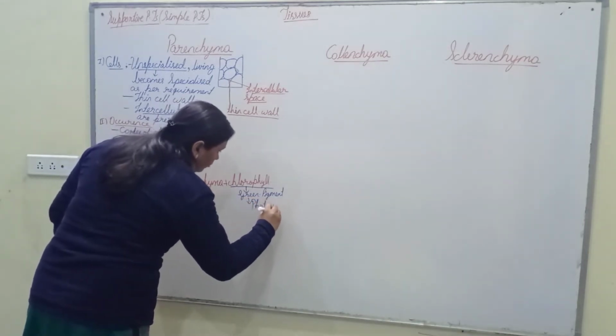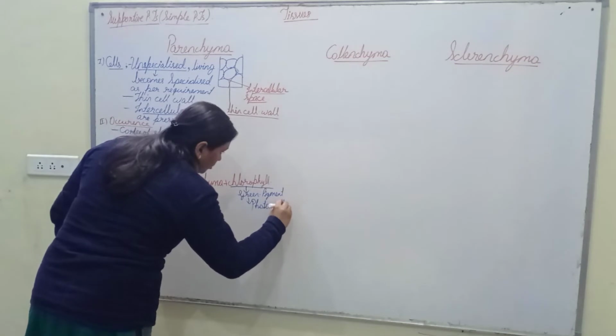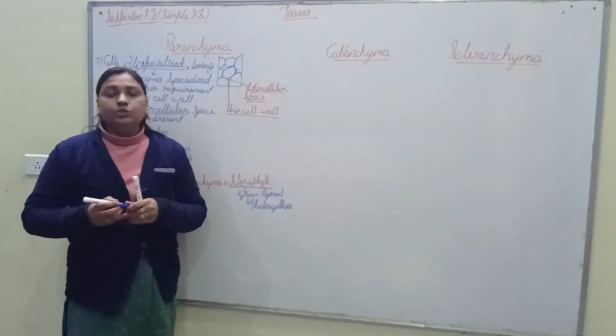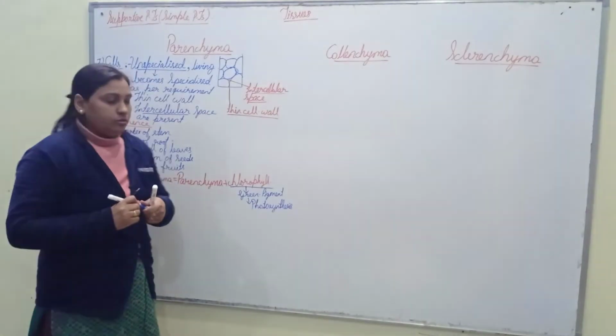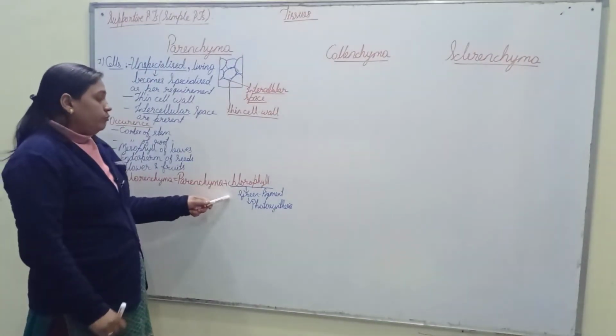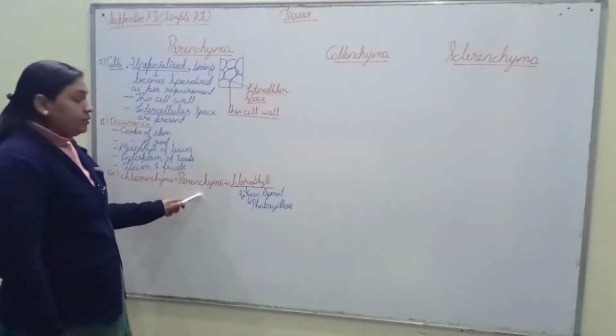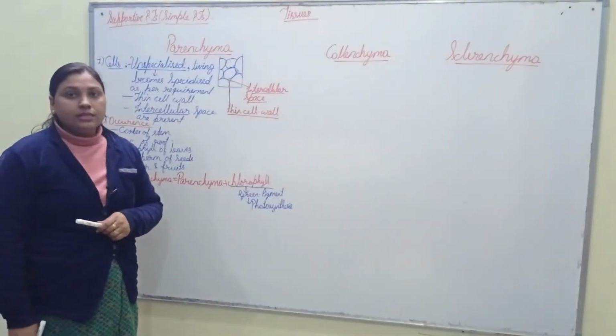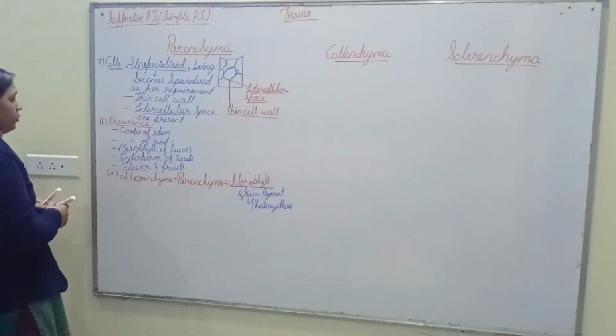We know that photosynthesis is an important process through which a plant prepares its own food. So this chlorophyll pigment, whenever present in between these parenchymatous cells, these are called chlorenchyma.